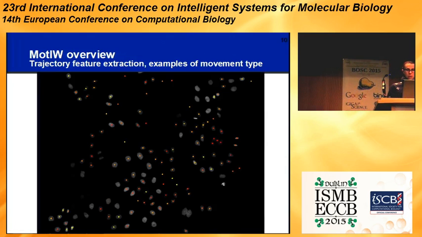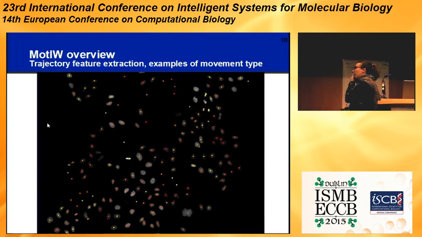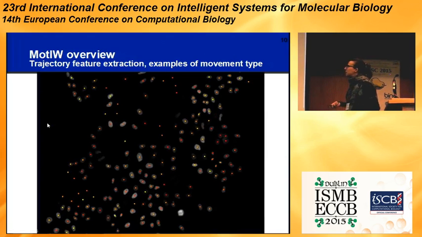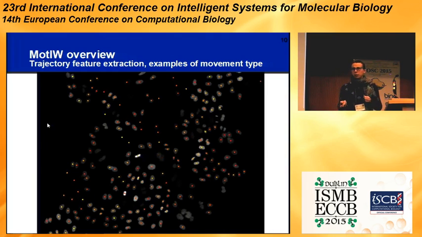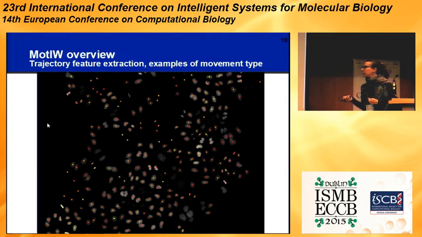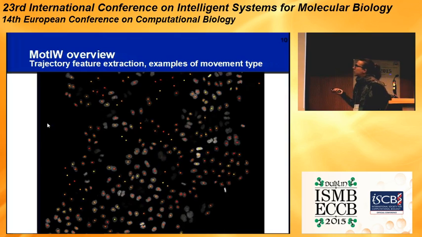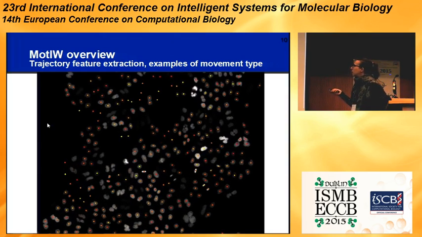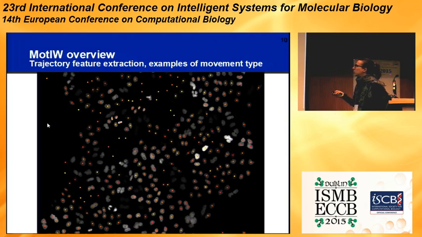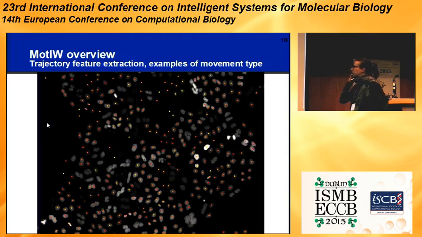One good thing when working with videos or images is that you can go back to the data and actually look at whether what you wanted to compute corresponds to something. Here you have HeLa cells, also coming from the methodological data set, and each dot represents a trajectory that we've computed and that passed the trajectory quality control.